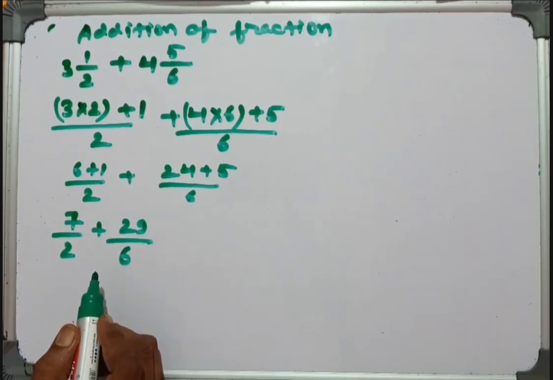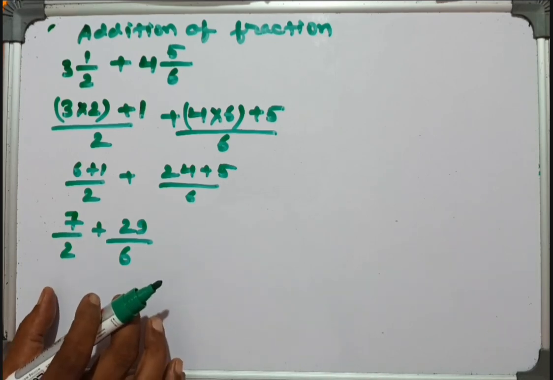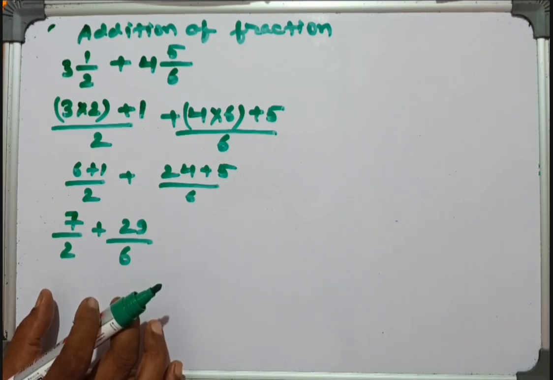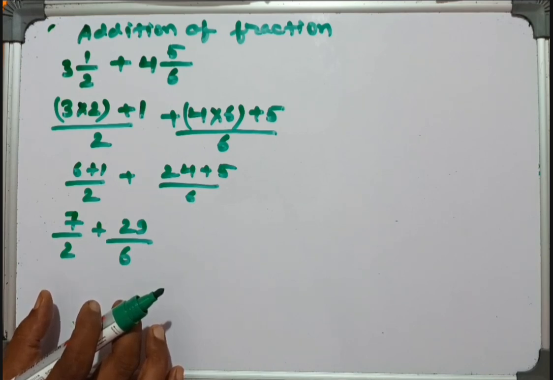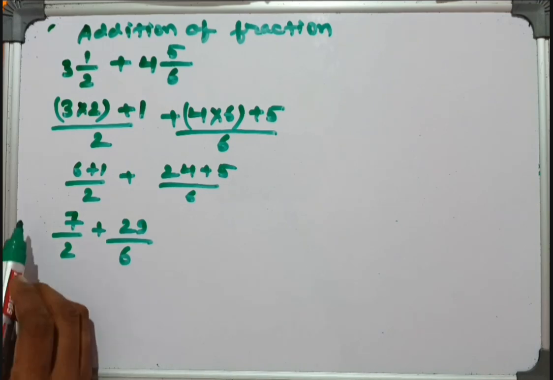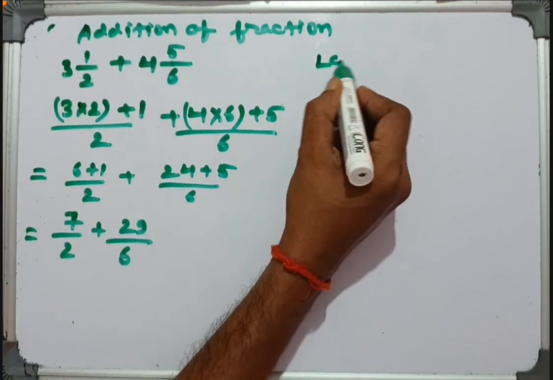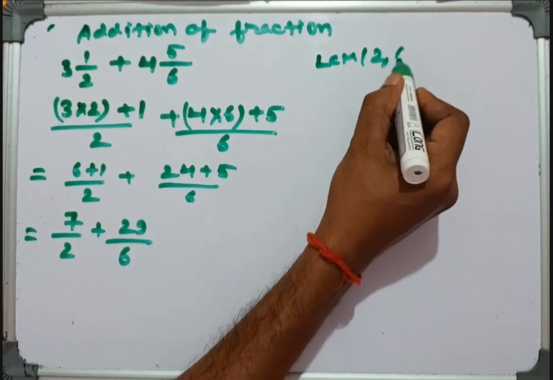So you guys have to first understand how to find the LCM. So you have to learn how to solve an LCM. For this, I have also made an earlier video. The link is given in the description box. Now see, LCM of 2 and 6 first.